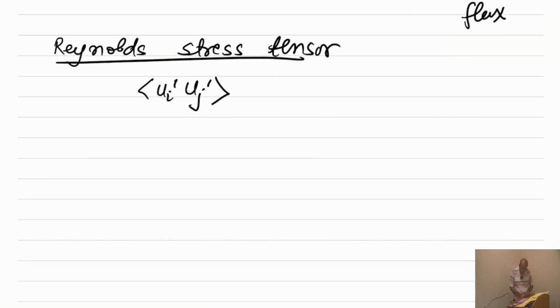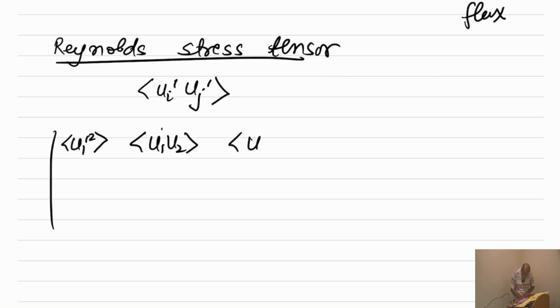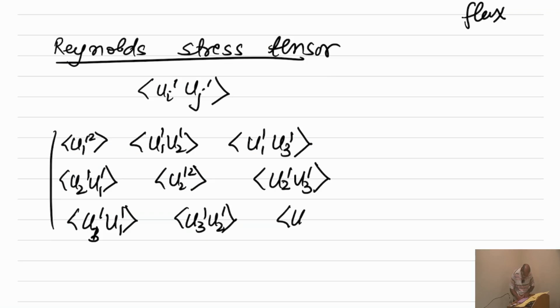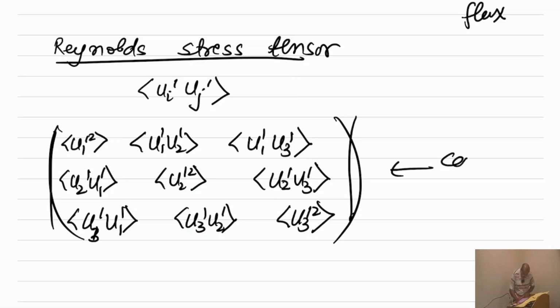So now first thing is, if we look at this, it will look like u1 prime square, u1 u2, u1 prime u3 prime, u2 prime u1 prime, and so on.